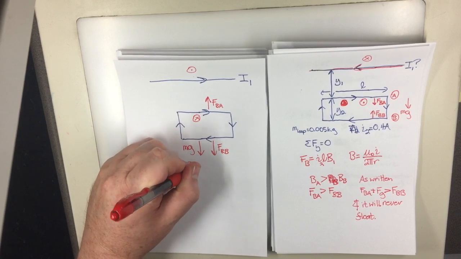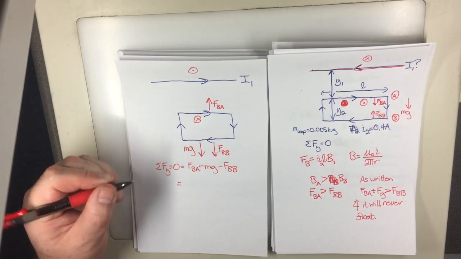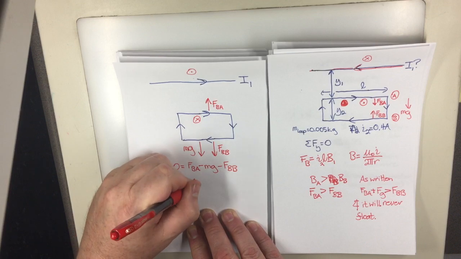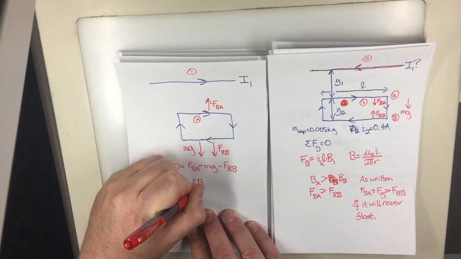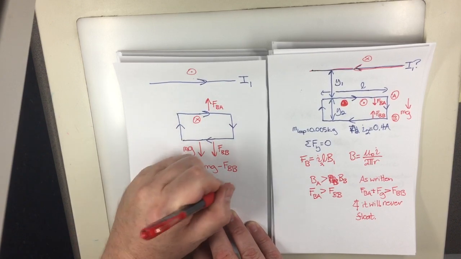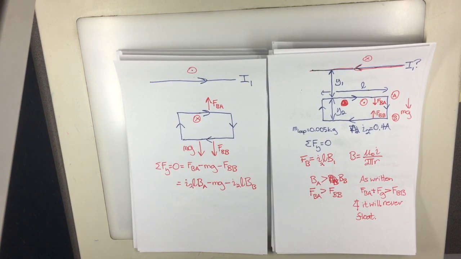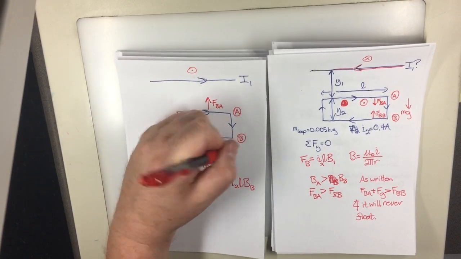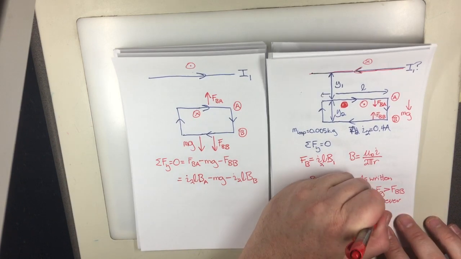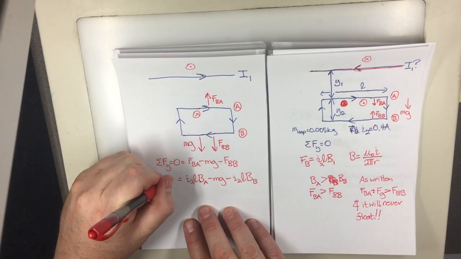This gives you FBA minus mg minus FBB. FBA is I2L, the B field from 1 at A, minus mg minus I2L, the B field at B. It all equals 0.